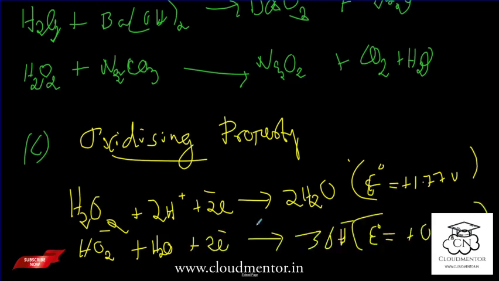Thus, in acidic medium, H2O2 is reduced into H2O, and in alkaline medium into OH-. In both cases, the oxidation number of oxygen decreases. The important point to remember is that in alkaline solution, these reactions are generally fast.